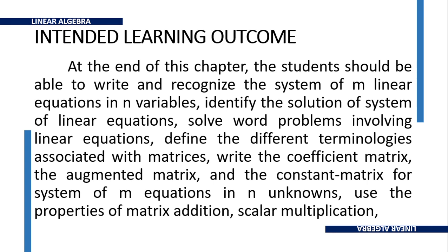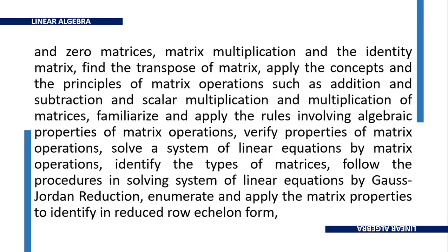Use the properties of matrix addition, scalar multiplication, zero matrices, matrix multiplication, and the identity matrix. Find the transpose of a matrix, apply the concepts and principles of matrix operations such as addition, subtraction, scalar multiplication, and multiplication of matrices.